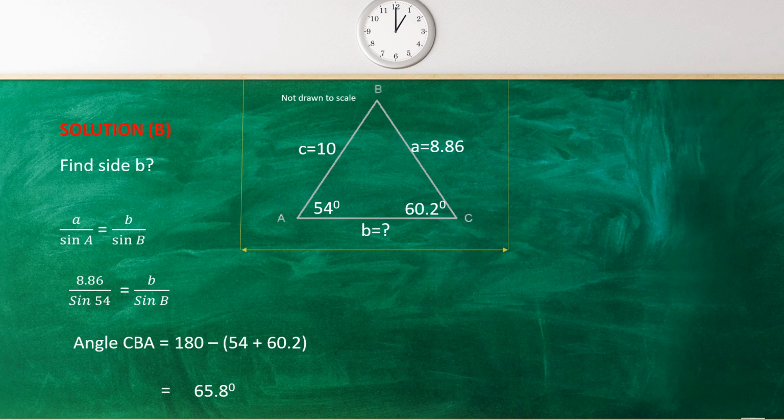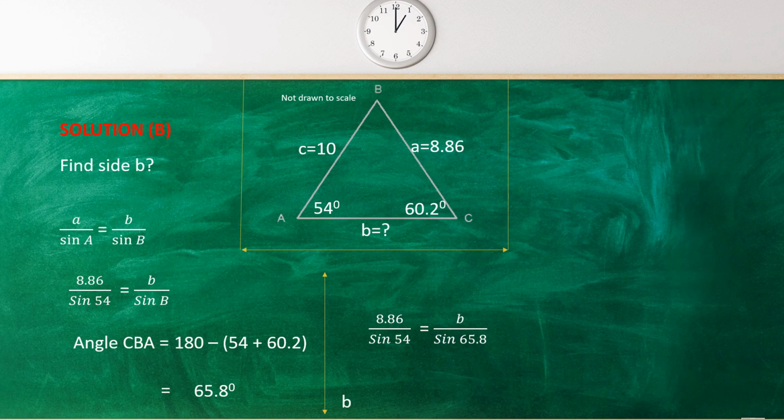Having found it, we're going to substitute it into our formula, which was 8.86 over sine 54 is equal to B over sine B. At this time, we don't just write sine B, but we're going to indicate the sine of 65.8 degrees. Now, after that, it becomes much easier. This is now algebra.